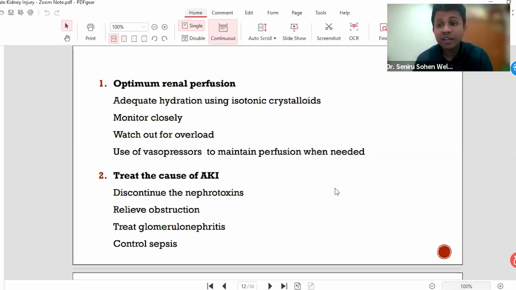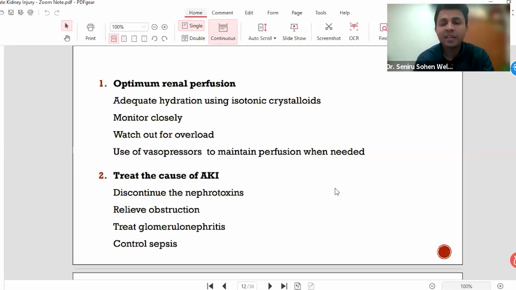So fluid overload would be suggested by a high blood pressure, increased pulse pressure, and development of bibasal crepitations and elevated JVP. And if the blood pressure is very low, you would obviously need vasopressors to maintain the perfusion.